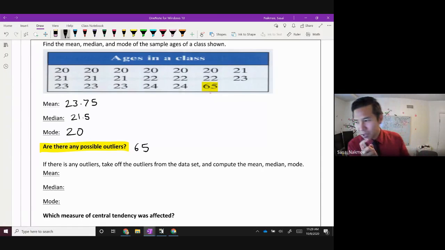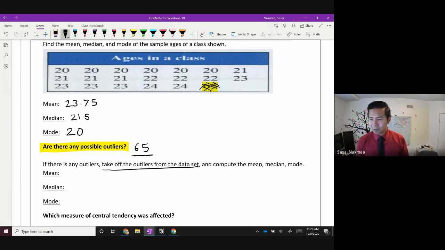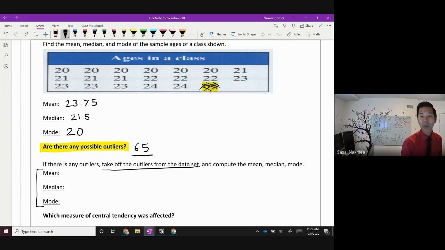All right, here's what I want you to do. If we consider 65 as an outlier, let's take out that 65. Let's not count it for now. Can you guys take a couple minutes here and recalculate the mean, the median, the mode without the 65?